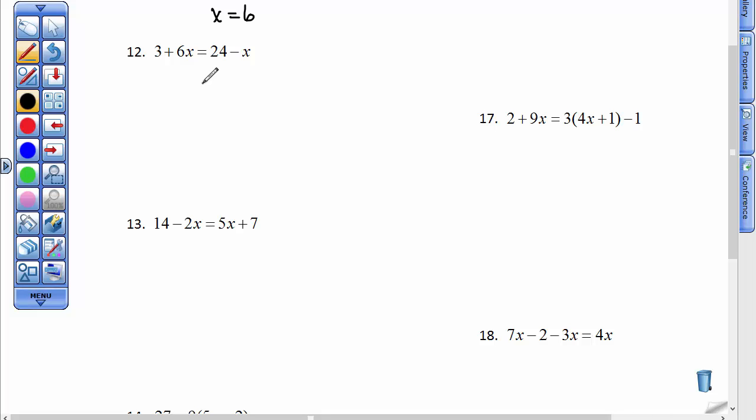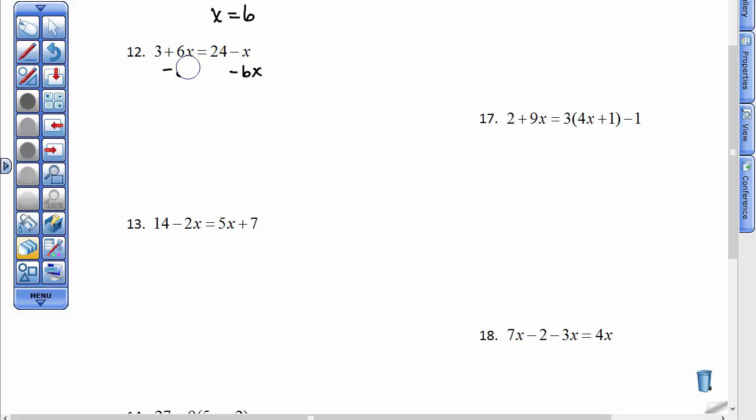Now, when there are two terms on each side of the equal sign, you have four choices. I'm probably going to be erasing everything I do right now. So you see that 3 right there? One of your choices is to subtract 3 from both sides. You see that 6x that's there? One of your choices is to subtract 6x from both sides, because you want to get all the x terms on one side and all the numbers on the other.